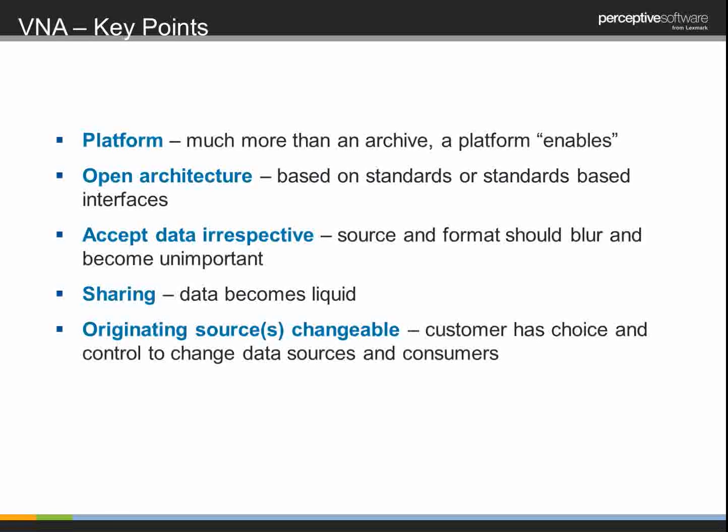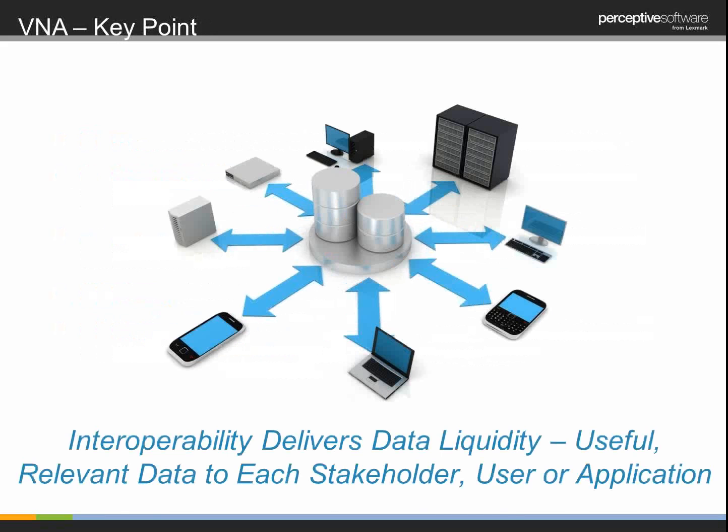And what I mean by that, again, going back to this blurriness and data liquidity, if I ingest data from one application, I should be able to consume it in another application easily, like hopefully using standards. So what this really means to us is that the VNA is about interoperability, delivering on this data liquidity concept so the data becomes useful and relevant to each of the stakeholders of the applications or devices they're using to access the data.